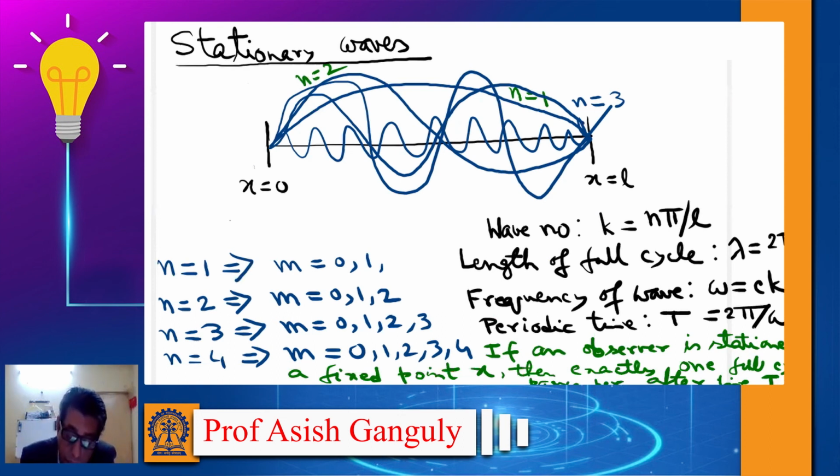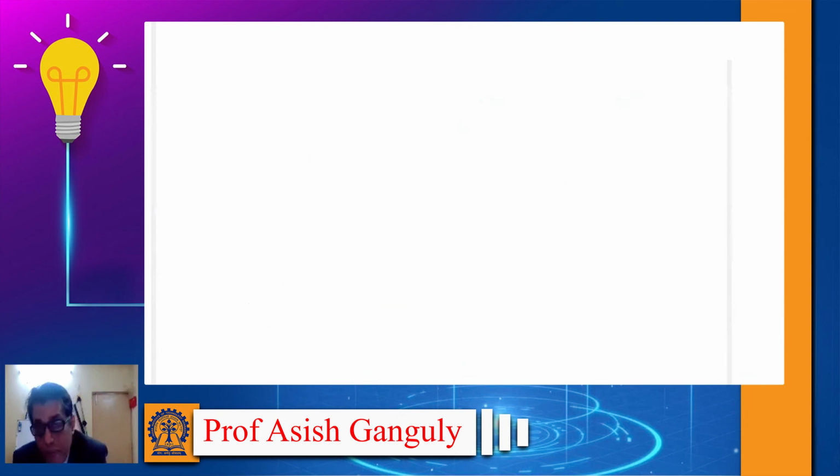Now, on the next page, since I think 5-10 minutes remain, I will just give an introduction to my next topic, heat equation. It will be elaborately taken up in the next lecture.